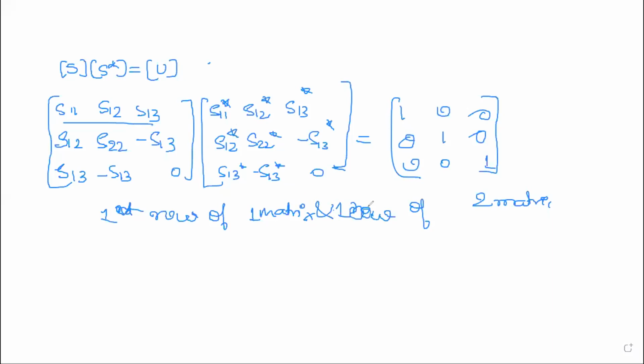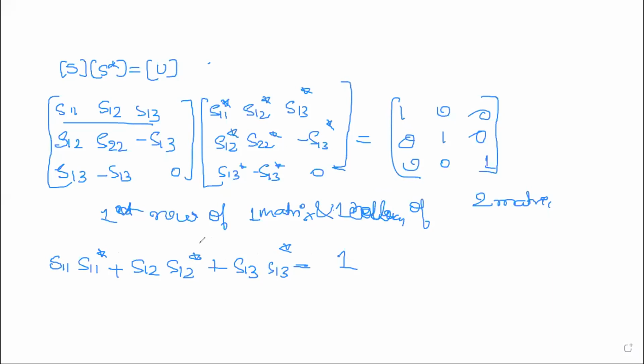Sorry, it is column, first column of the second matrix. So the equation will be S11 into S11 star plus S12 into S12 star plus S13 into S13 star, which is equal to 1.